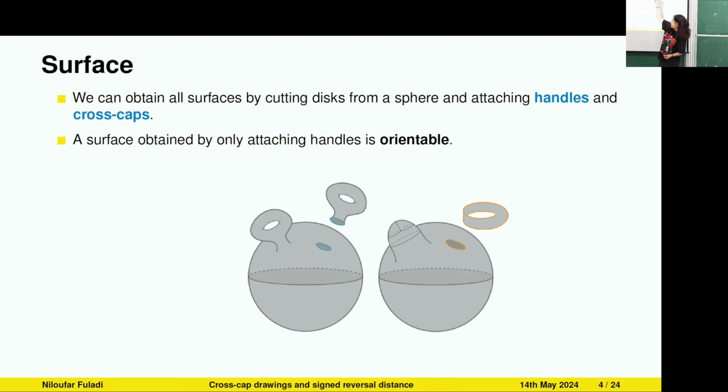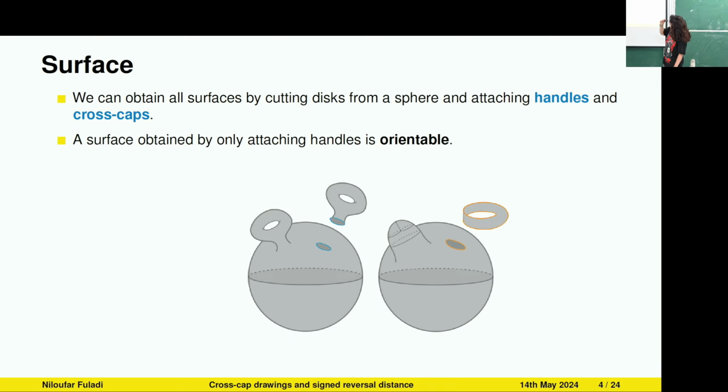As soon as I have one Mobius band, my surface is not orientable. After attaching Mobius bands, I depict it with something like this, which is called a crosscap. There is a weird crossing happening because non-orientable surfaces are not embeddable in 3D.